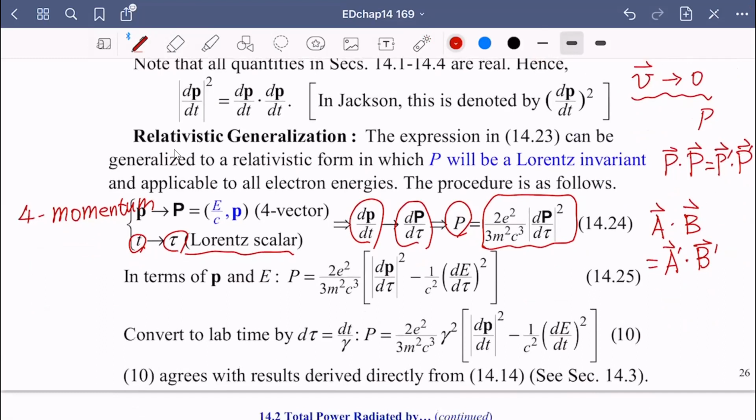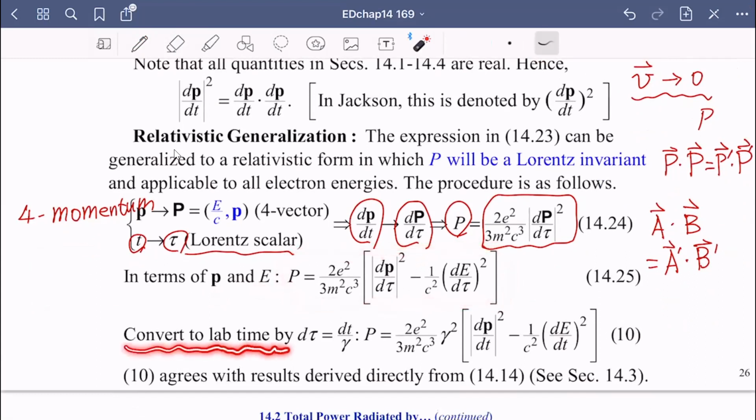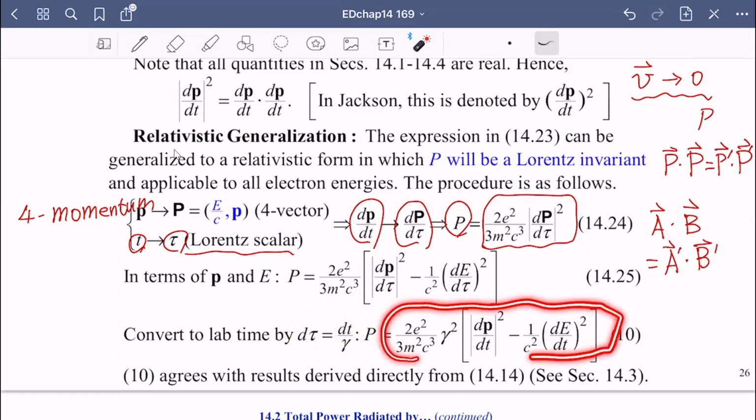In terms of momentum and energy, it can be rewritten into this form and converted to the lab frame by using d tau over dt. That's the lab frame. We can rewrite it into this form.